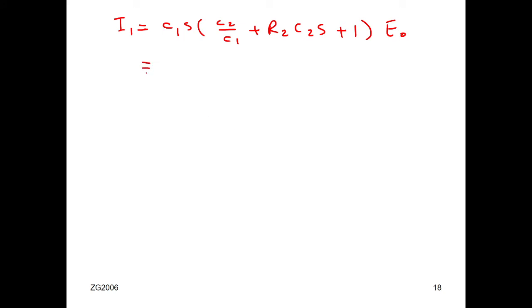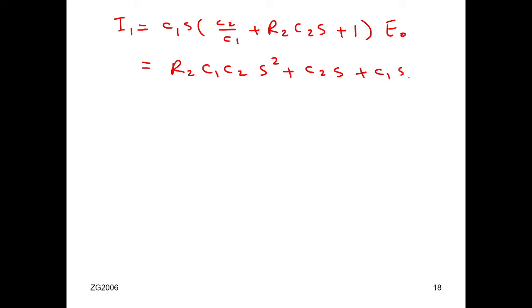Simplify. This will be C2. Let me start with this one, C1 C2 R2 C2 S square plus this one C2 S plus the last one C1 S. Yeah, right?